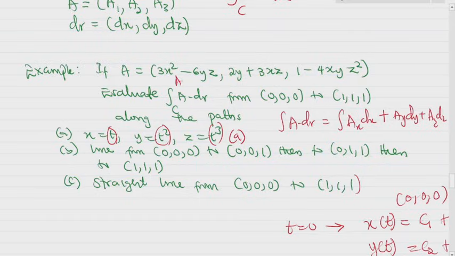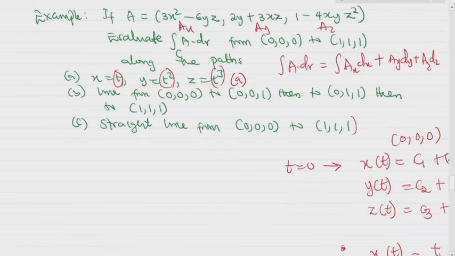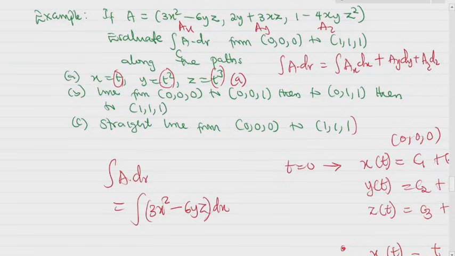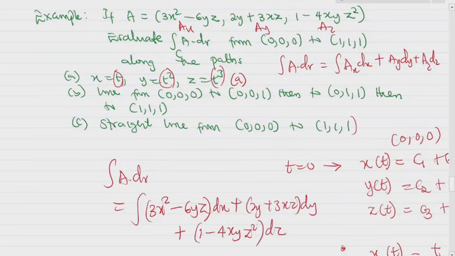So this is your Ax, the first term, Ay, and Az. The integral of A dot dr will just be the integral of (3x squared minus 6yz) dx plus (2y plus 3xz) dy, plus (1 minus 4xyz squared) dz. This is what they want you to do.